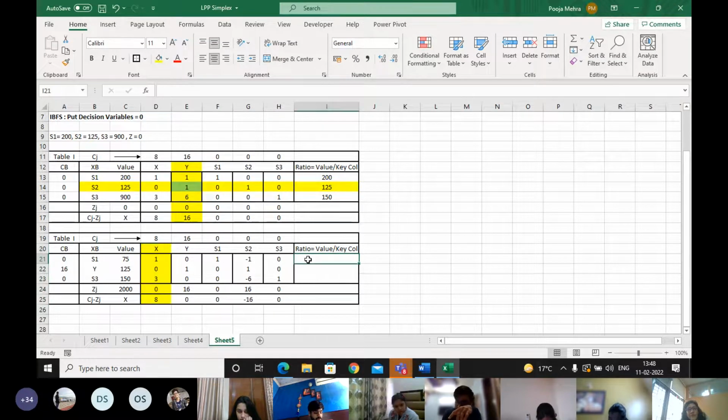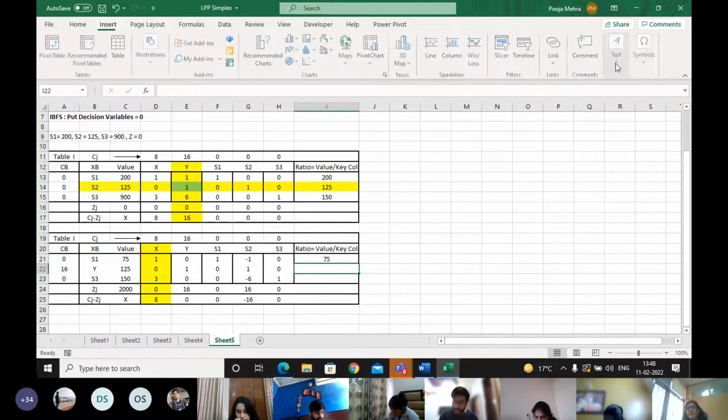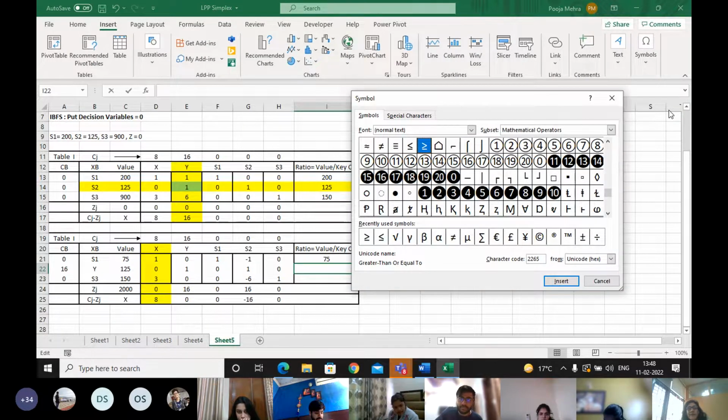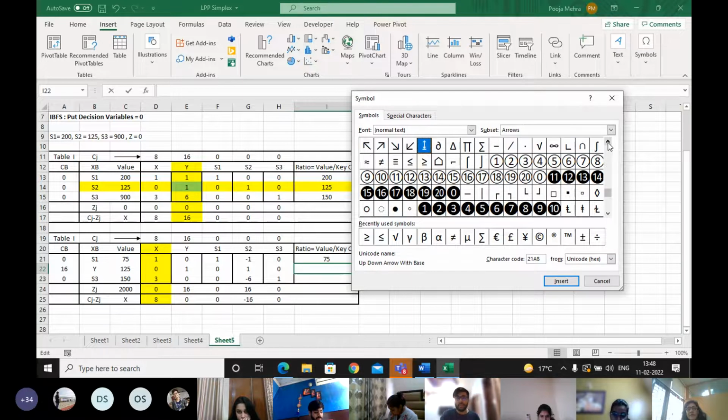Ratio. Yes, ma'am. So 75 divided by 1 is 75. Then 125 divided by 0, it is what? Infinity. Something divided by 0 is infinity.